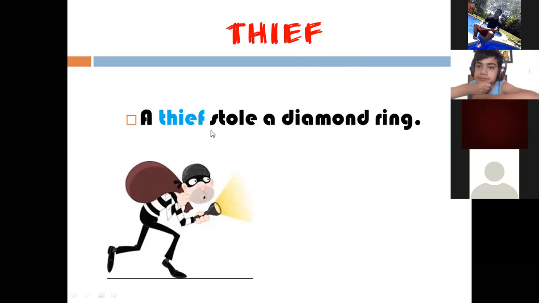This is the example: a thief stole a diamond ring. Imagine, this is talking about something luxurious, something rich people have. The examples, only the examples. If you want, you can copy this. Thank you, Deborah.